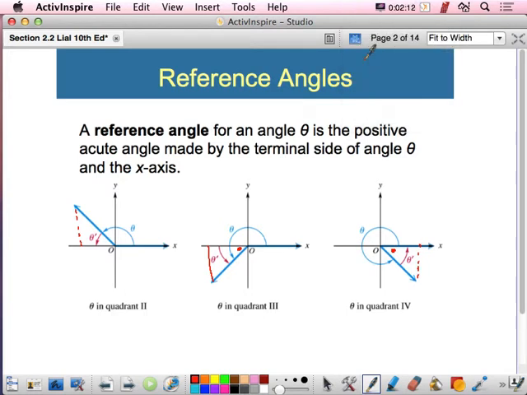Just to be clear, a reference angle is always less than 90, and you always find it by the amount that is trapped between the nearest x-axis and the ray in question.